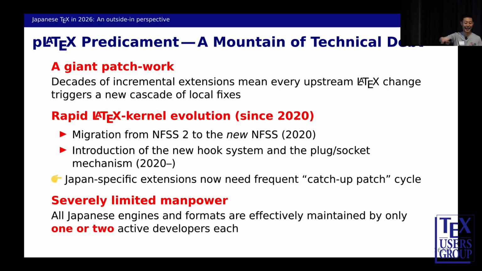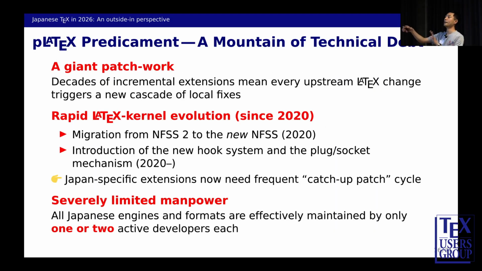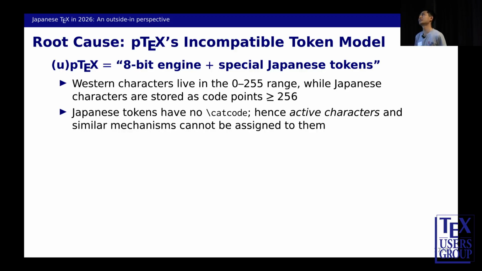And sometimes several projects are handled by just one person. So it's really hard to follow all the changes made. And so these are very ad hoc, first-aid kinds of fixes.